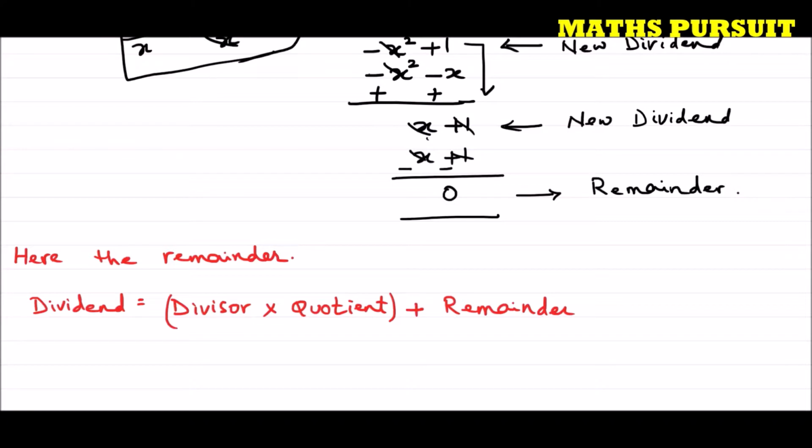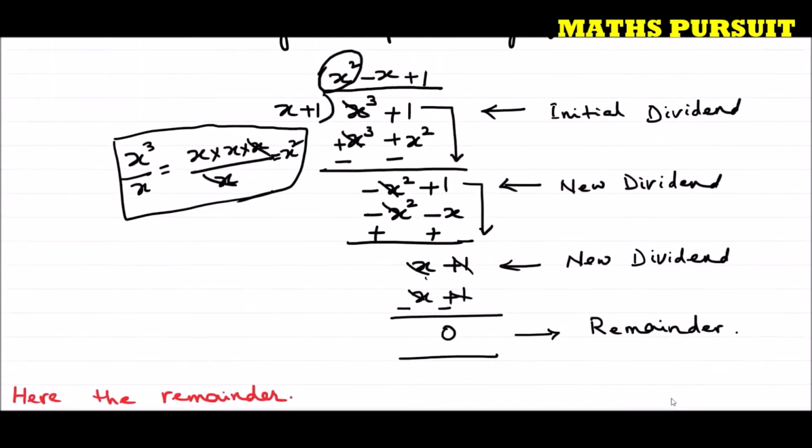The original dividend that the question has given us was x cube plus 1. This is equal to the divisor, x plus 1, into the quotient. What is our quotient? If you look here, we got the quotient as x to the power 2 minus x plus 1.